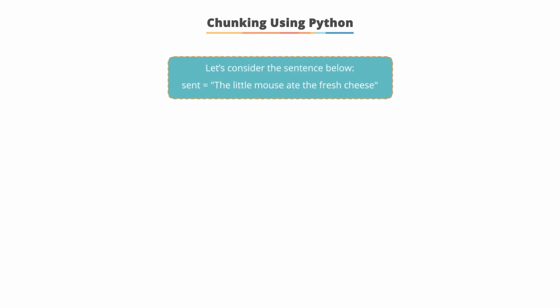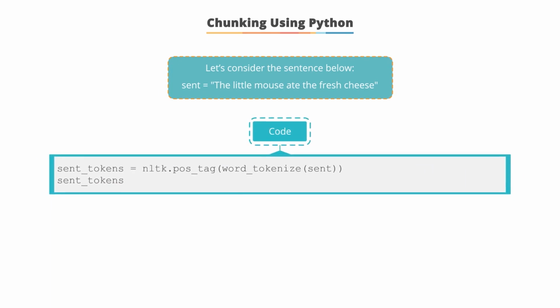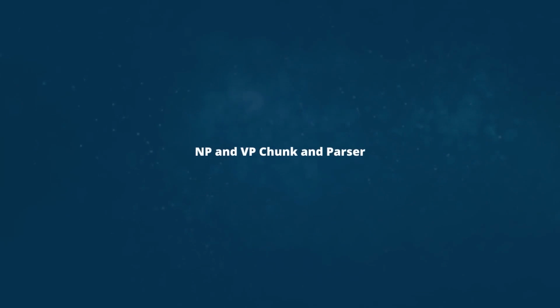Let's consider the sentence, "The little mouse ate the fresh cheese," assigned to a variable named sent. Using the word tokenize function under NLTK, you can find out the different tags associated with the sentence provided. As you can see in the output, different tags have been allocated against each of the words from the given sentence.